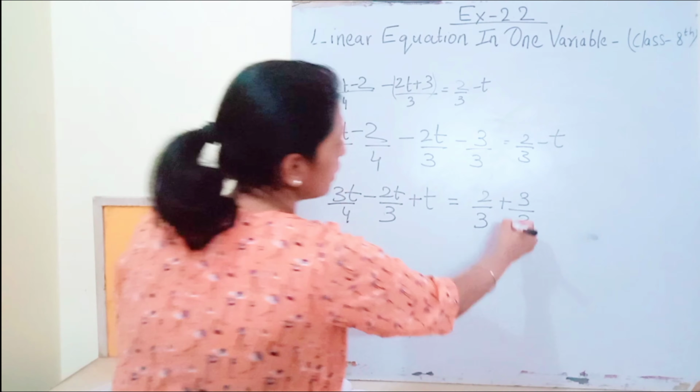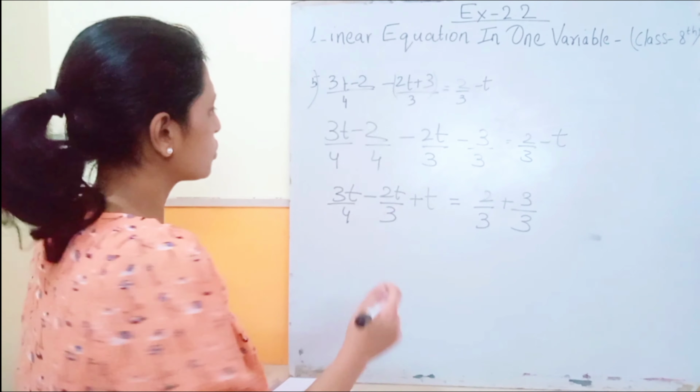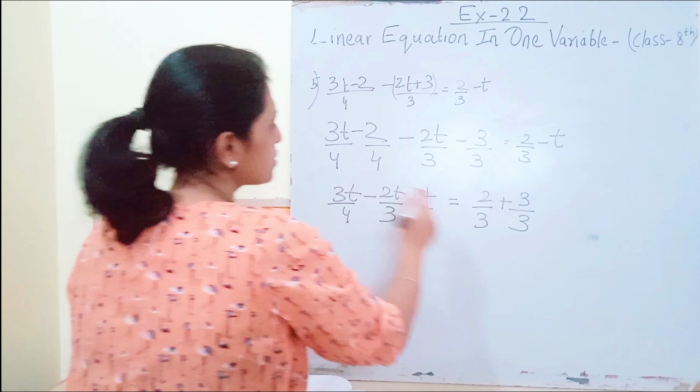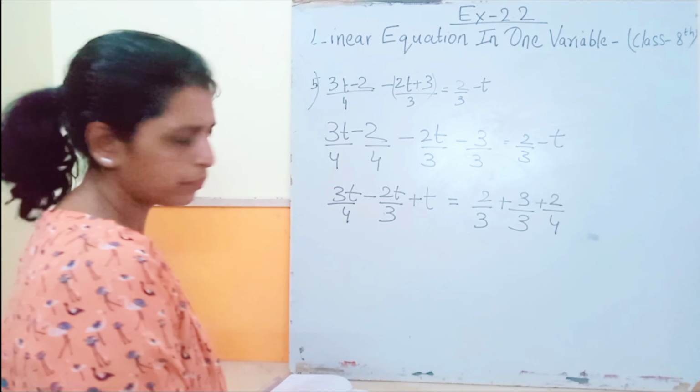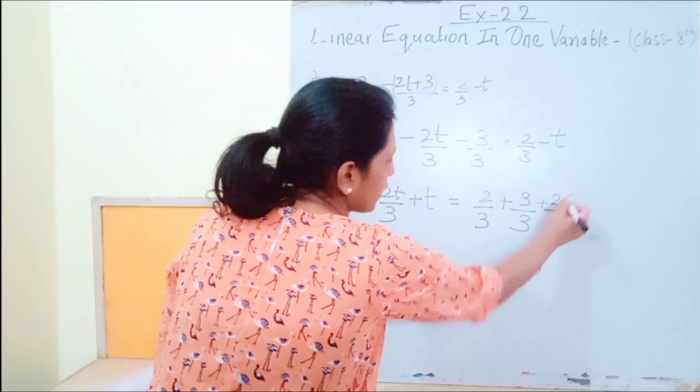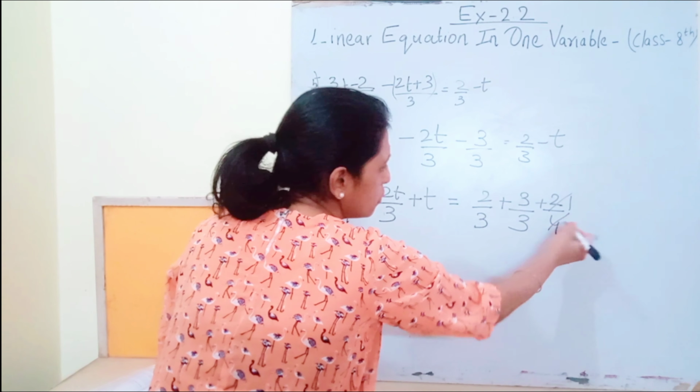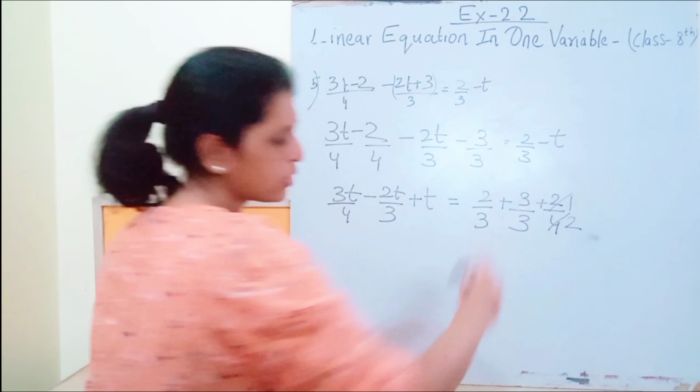So 3 minus 3 upon 3 will become plus 3 upon 3 and this minus 2 upon 4 will become plus 2 upon 4. Now you can cancel: 2 ones are 2, 2 ones are 2, 2 twos are 4.